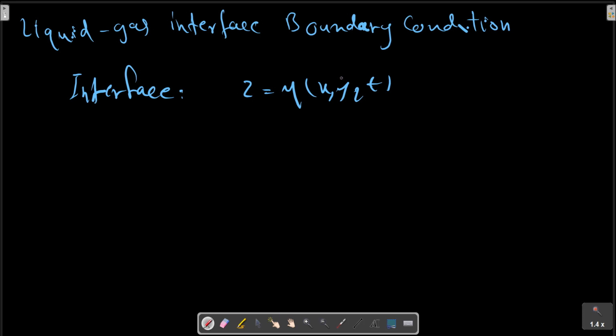Then there must be equality of vertical velocity across the interface so that no holes appear between liquid and gas.